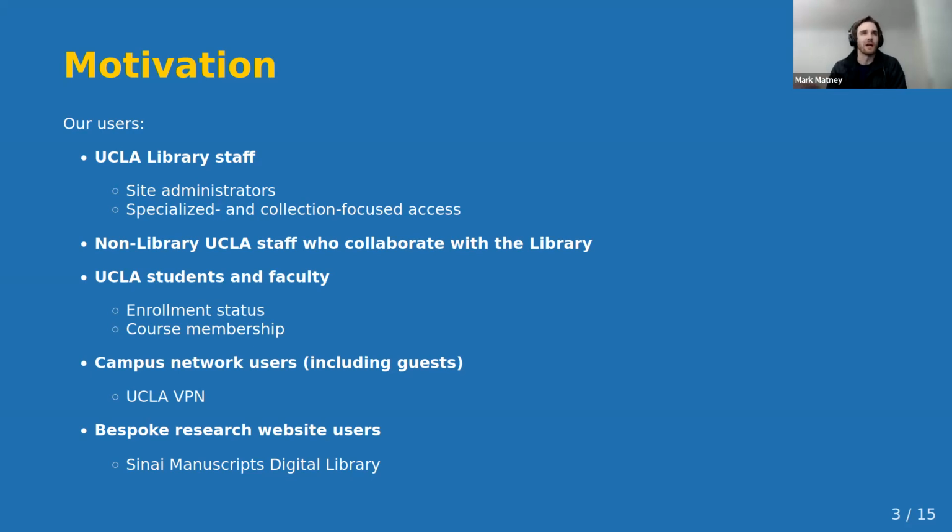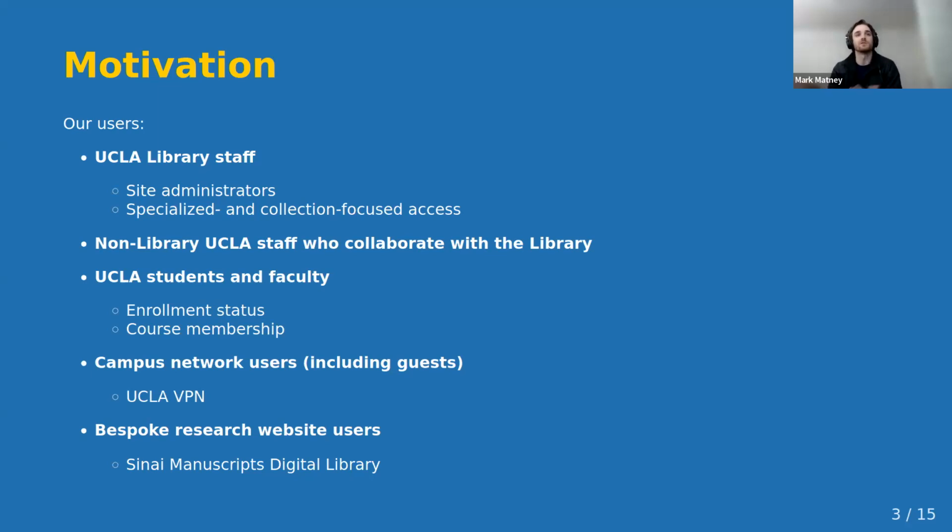So we have library staff, which includes site administrators of things like the library digital collections, non-library UCLA staff who collaborate with the library, UCLA students who may be enrolled in a particular course where they require access to otherwise restricted collections. And then we have campus network users, which includes users with access to the UCLA VPN, and guests, members of the general public.